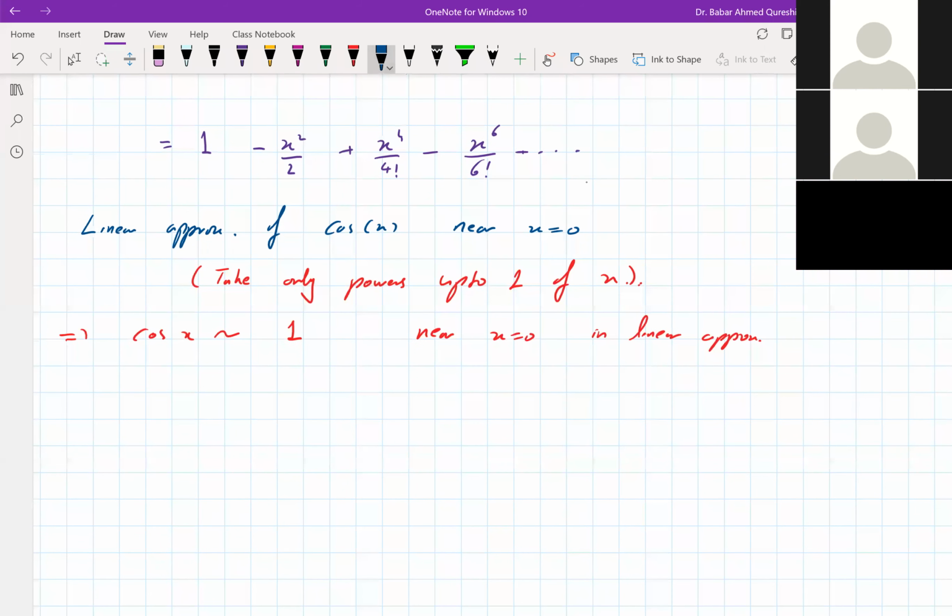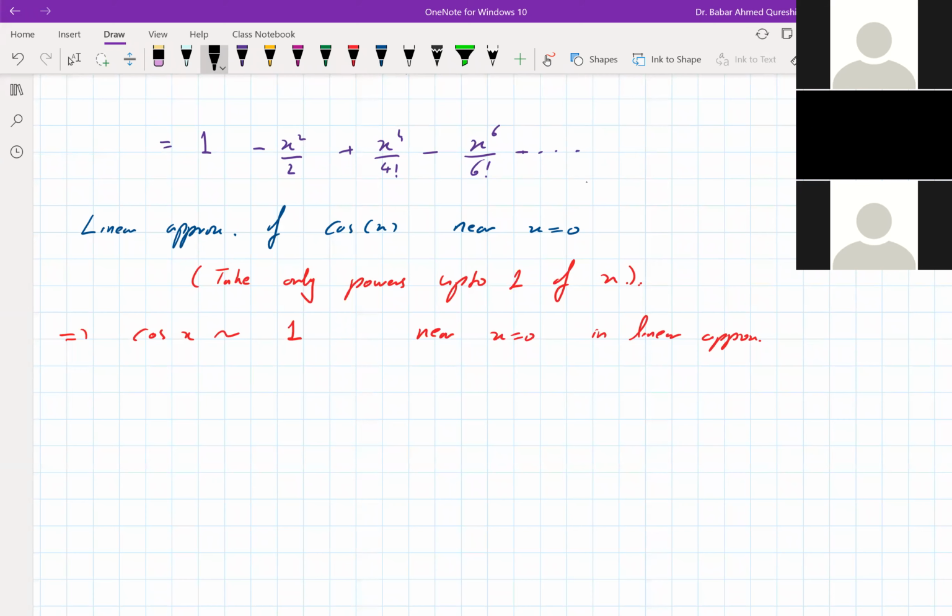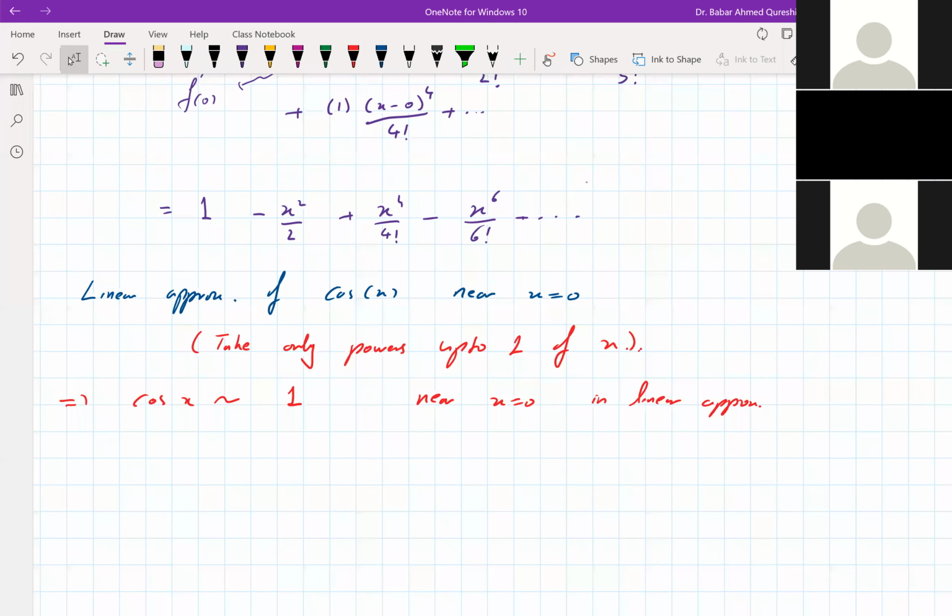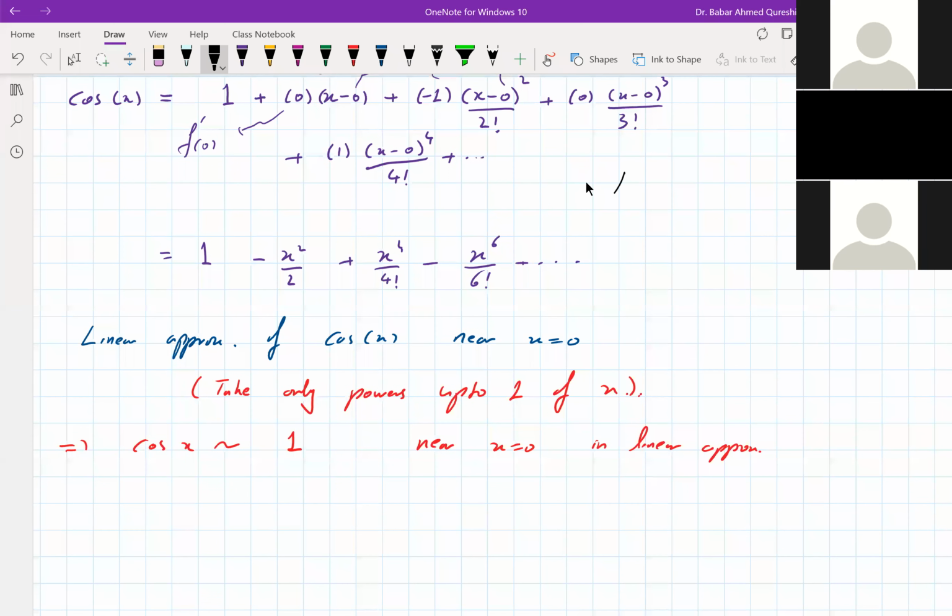And if I repeat this part, powers up to 1 of x. What does that mean? Well, if you look at the Taylor series, you always have different powers of x in it, increasing powers of x. If you only take up to power 1 of x, then that's the linear approximation.